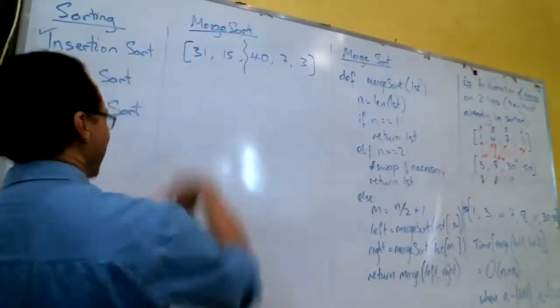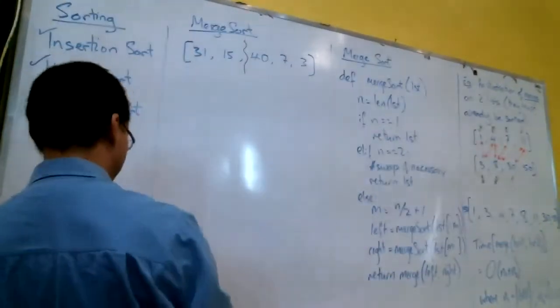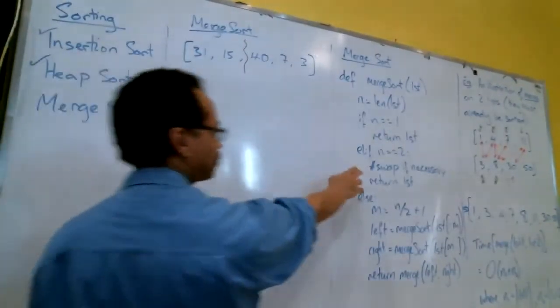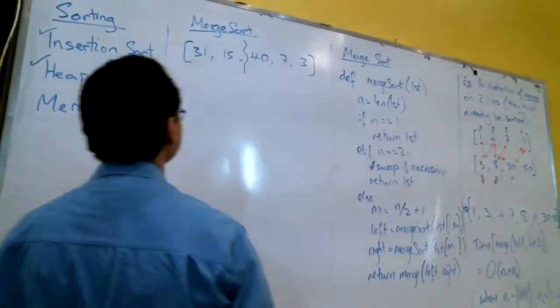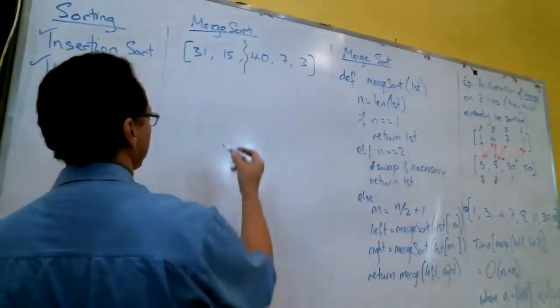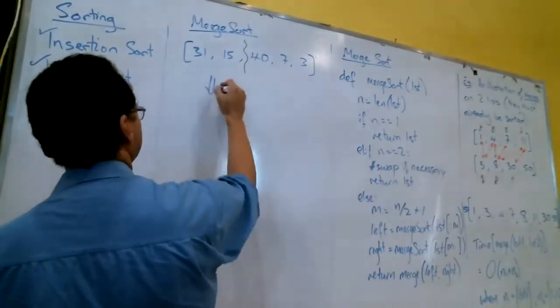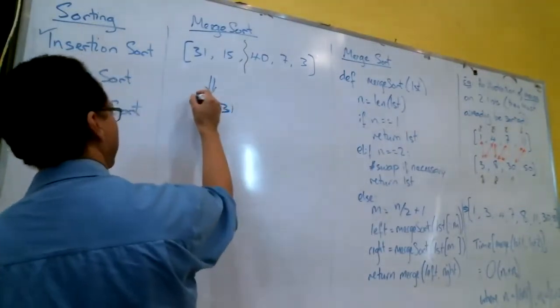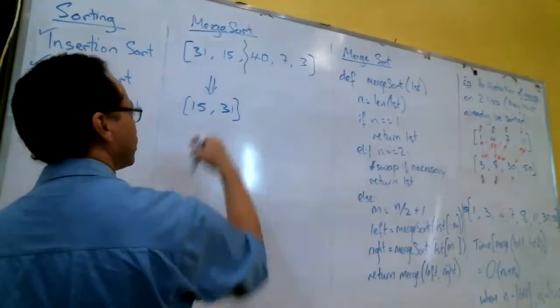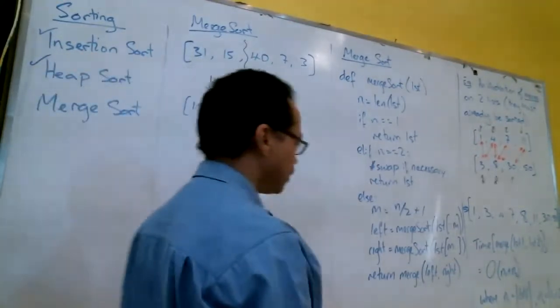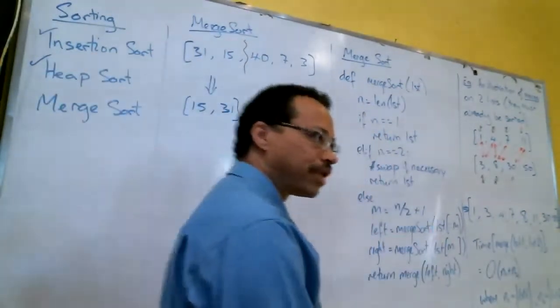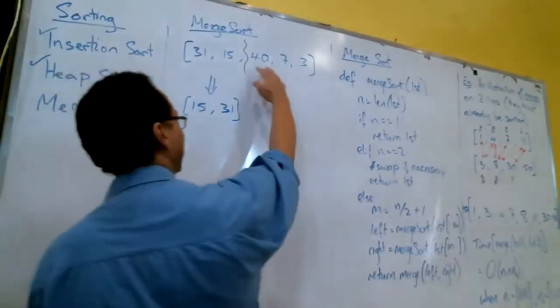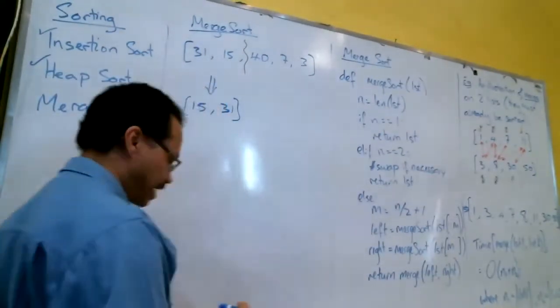All right. At this stage, this is small enough to sort. And so what this would do is produce a 15 and a 31. I'm going to put it as if it's in its own subarray because it sort of is, at least the way it's written here. And then we would have sorted the right side.